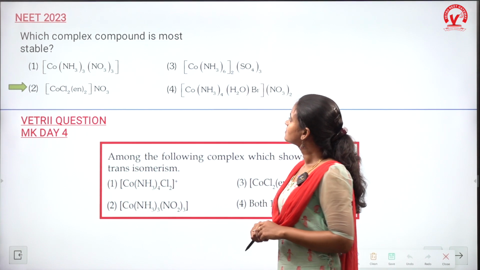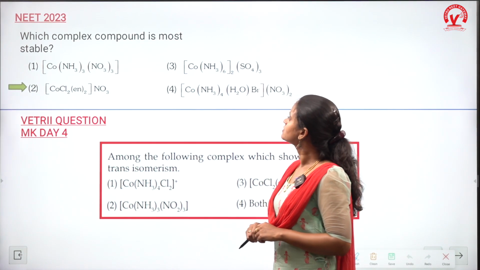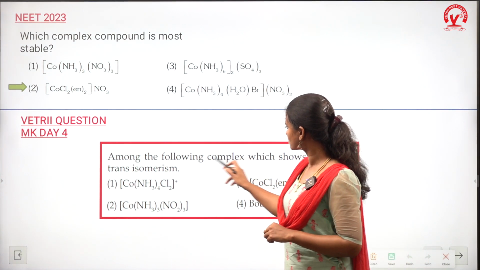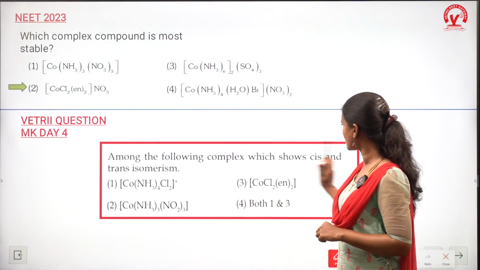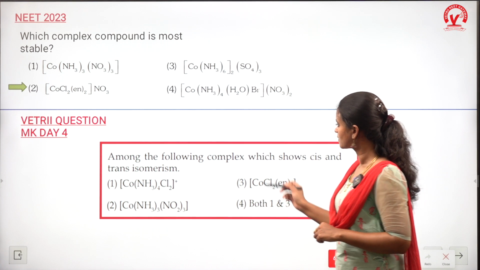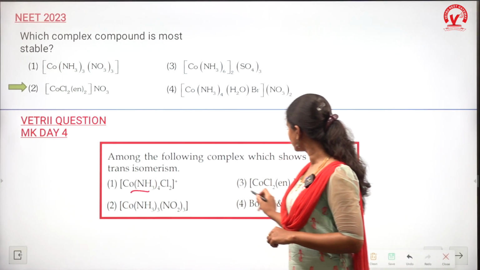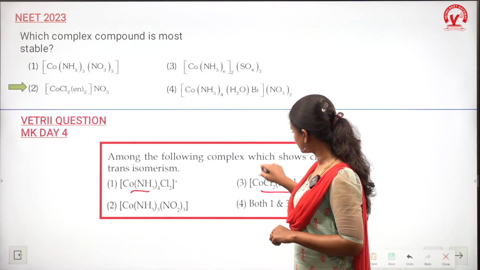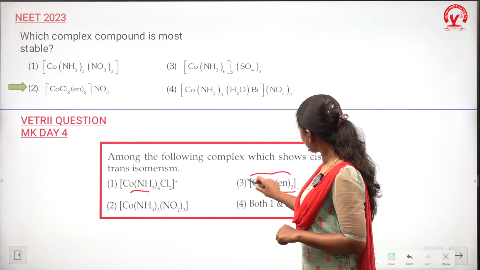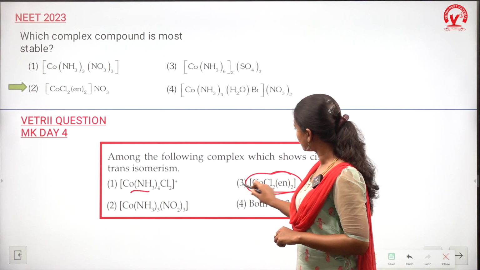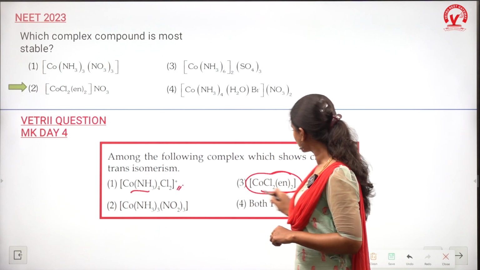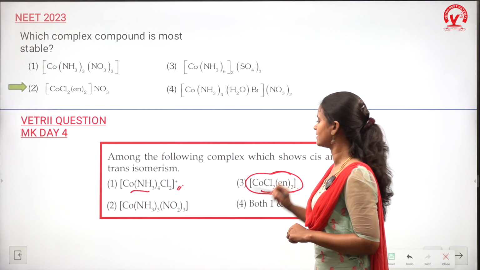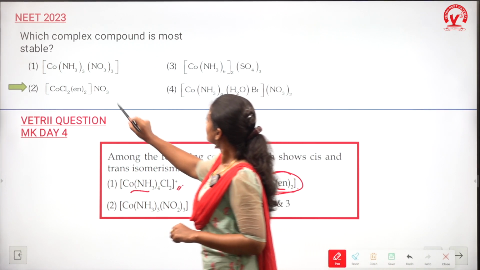The next question is, which complex compound is most stable? Here this is our Vetri's question. Among the following complexes, which shows cis and trans isomerism? Here options 1 and 3 show cis and trans isomerism. Among these two, this complex is more stable when compared to this because it contains ethylenediamine, which is a bidentate ligand.